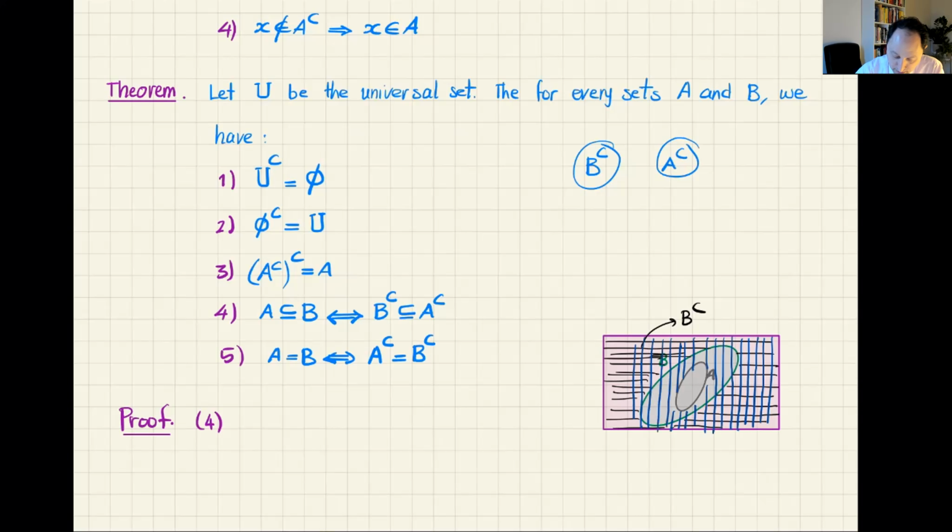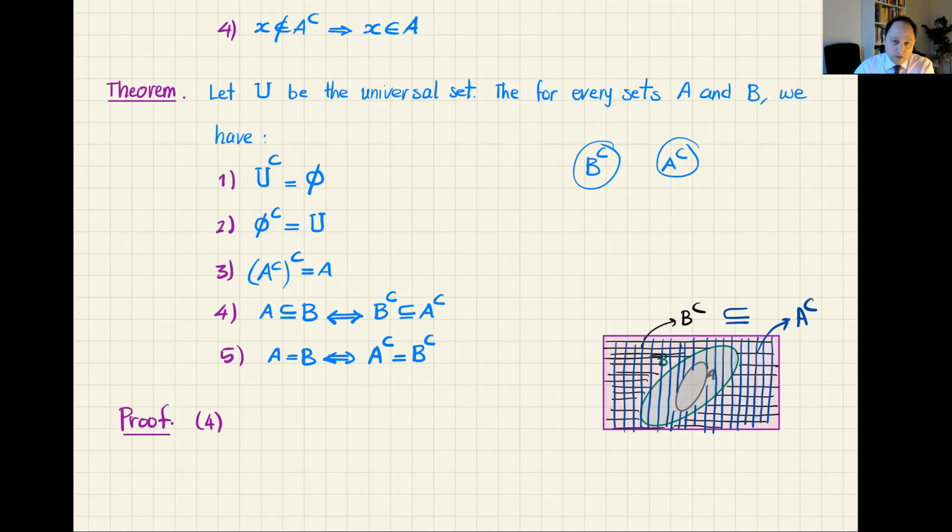Now it is clear that this blue one is A complement. Now, hopefully it is clear that wherever it is hatched with black, it is also hatched with blue, but not the other way around. So this means that this relation holds: B complement is a subset of A complement. It's not hard to understand.